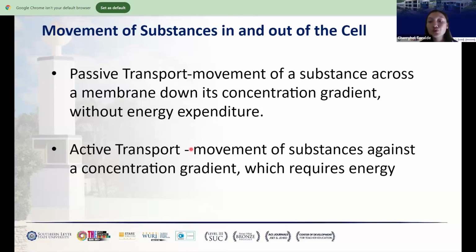In order for you to move that substance, because it is being transported against the concentration gradient. Meaning, even if the concentration of this substance is low, you still take it and put it into the area where there are already so many of these molecules.